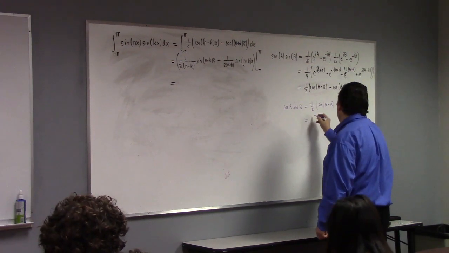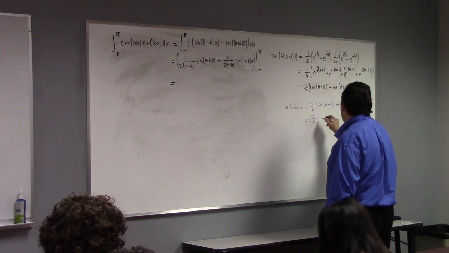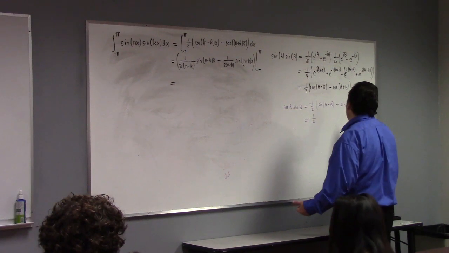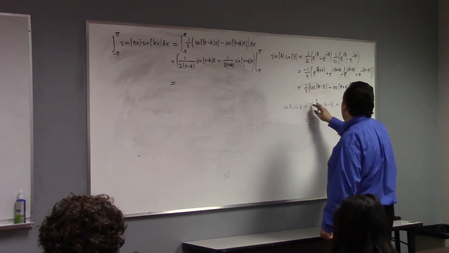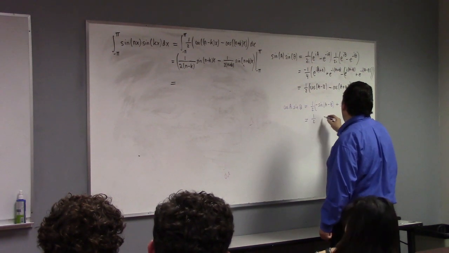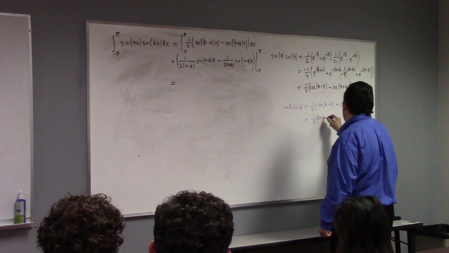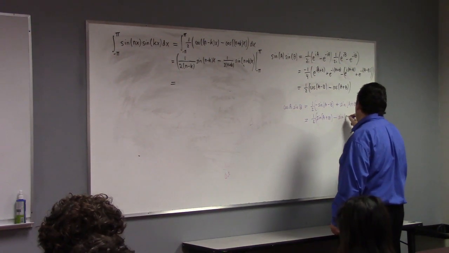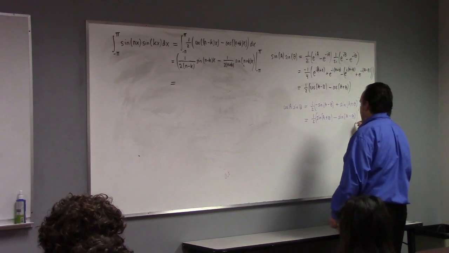So my identity for that is 1/2 of sine of a plus b minus the sine of a minus b.